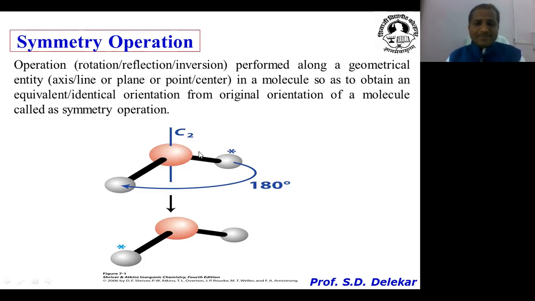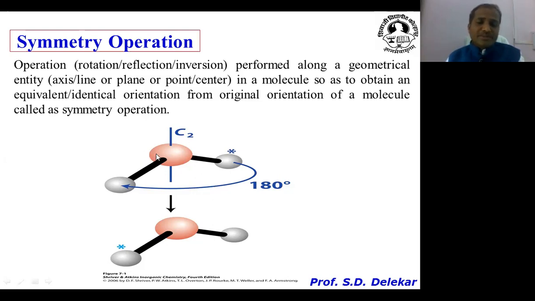Now, if instead of a 180 degree rotation I perform a 90, 60 or 120 degree rotation, in all such cases I get orientations, but these are neither equivalent nor identical to the original orientation, because we can easily distinguish them from the original orientation of the molecule.